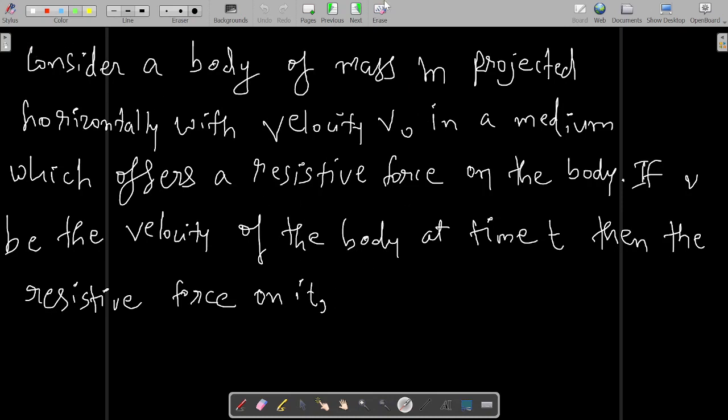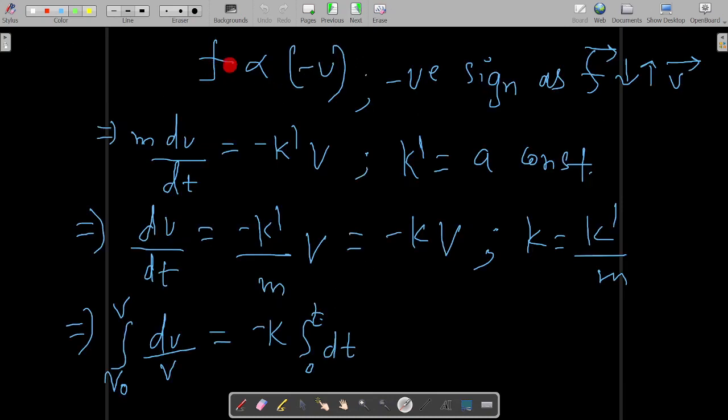So we were discussing that f was directly proportional to minus v, and the negative sign was applied as f was anti-parallel to v. Now m dv by dt equals minus k dash v, where k dash is a constant. Whenever you remove the proportionality sign, there is a constant of proportionality associated with it.